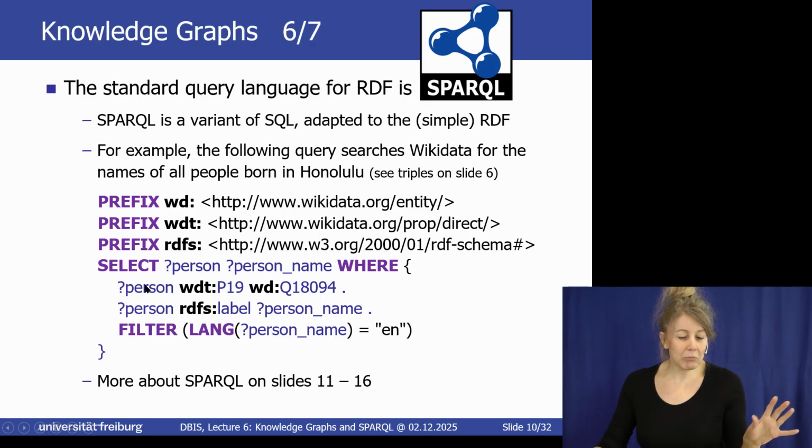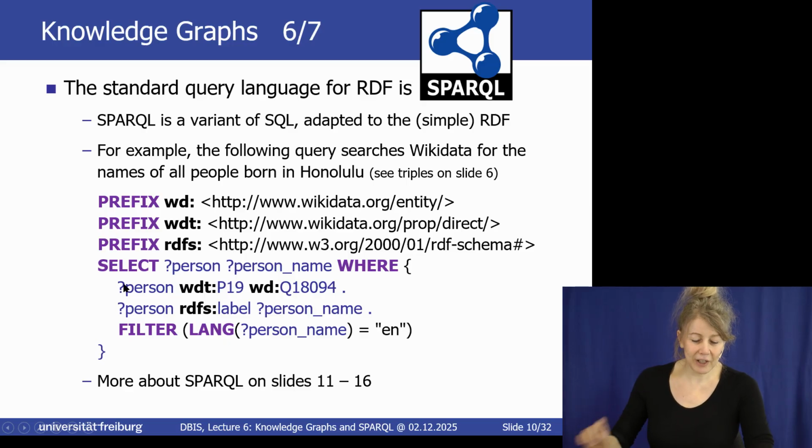And here I'm not specifying the person, I'm putting a variable, and you write variables with a question mark, so that's a small syntactic difference too. Then I do not only want the ID, I also want the label, so I put this triple here, person, label, person name, and then I want to filter by English person names.